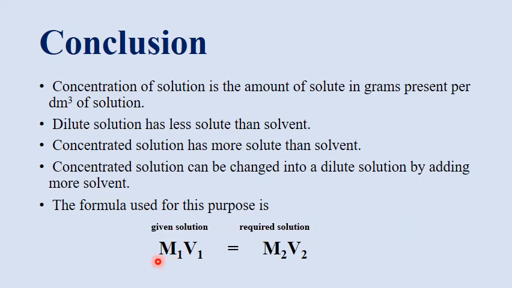And here M1 represents the molarity of the stock solution, V1 represents the volume of the stock solution that is needed to dilute it, M2 represents the molarity of the required solution that we need to make, and V2 represents the volume of the solution that is required.